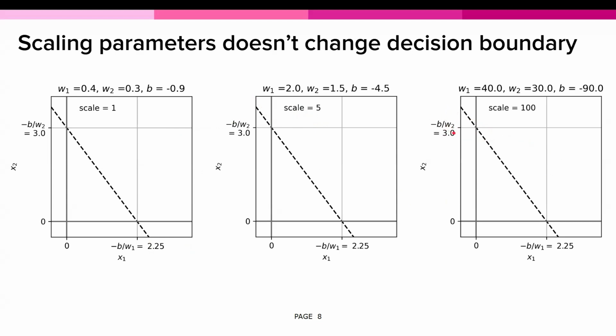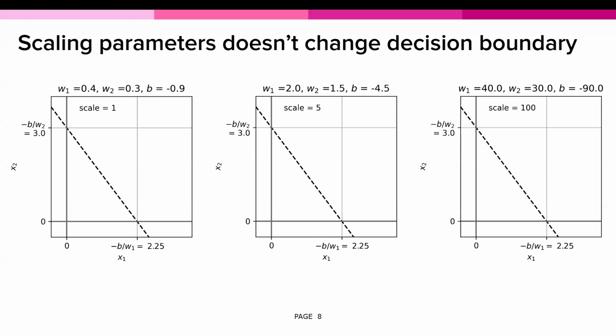It's always minus b over the feature weights. So this reveals that the decision boundary has a scale invariant property. If we scale all parameters together by any constant, we don't affect the boundary. The decision boundary just depends on the ratio between the weights and the bias, not their absolute values.